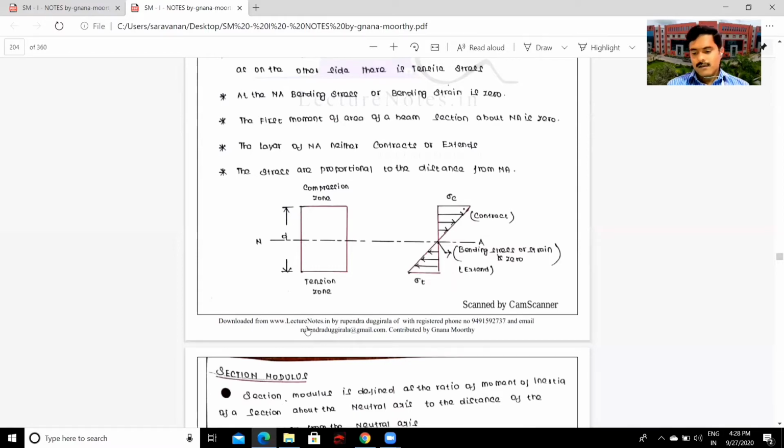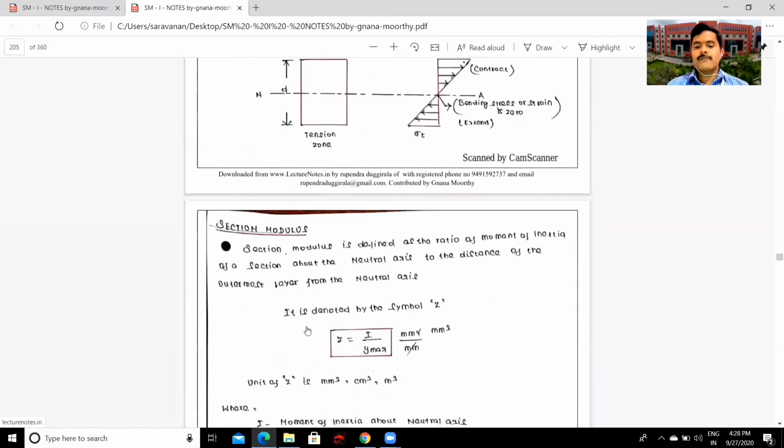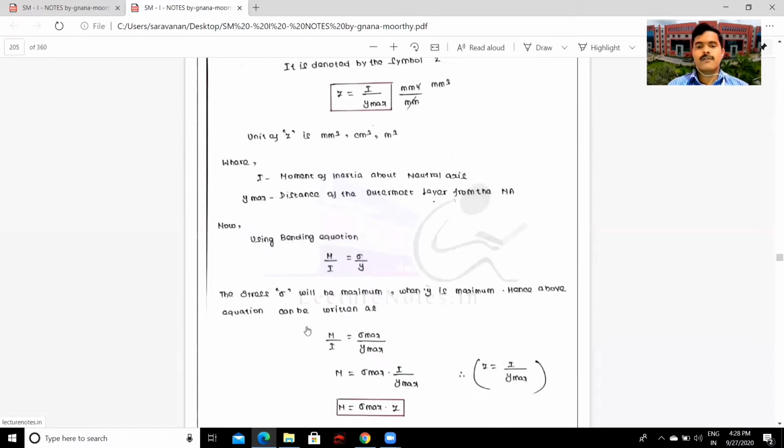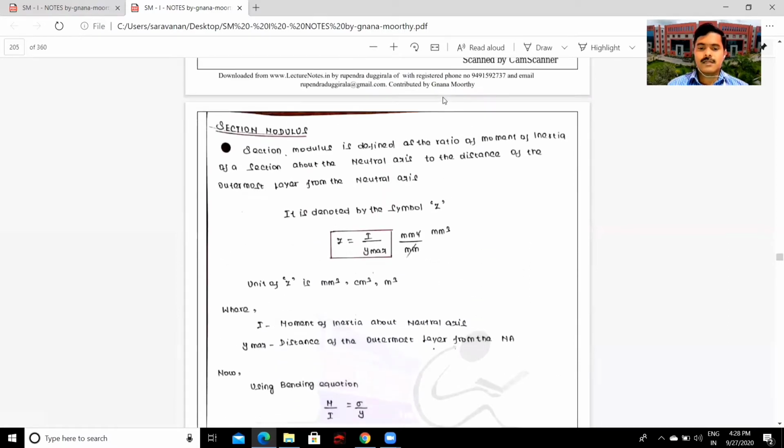So d by 2 distance, right? So unit is mm. Therefore, I is mm power 4 and y maximum is mm. So you will get unit mm cube. Therefore, what is the section modulus unit? Mm cube or centimeter cube or meter cube. So where I is equal to moment of inertia about the neutral axis and y maximum is the distance of the outermost layer from the neutral axis.